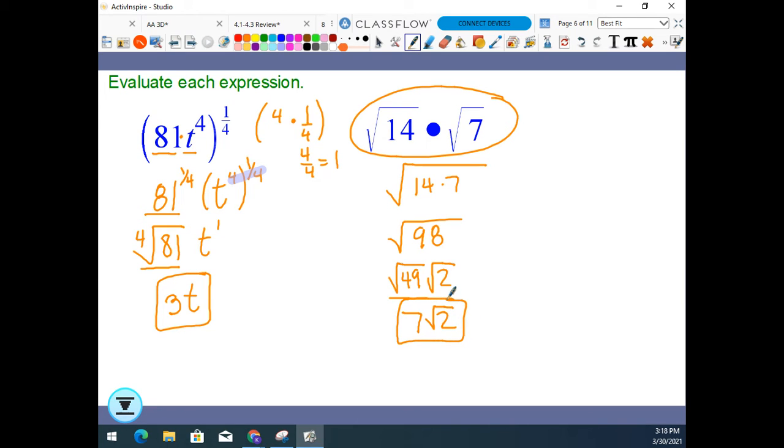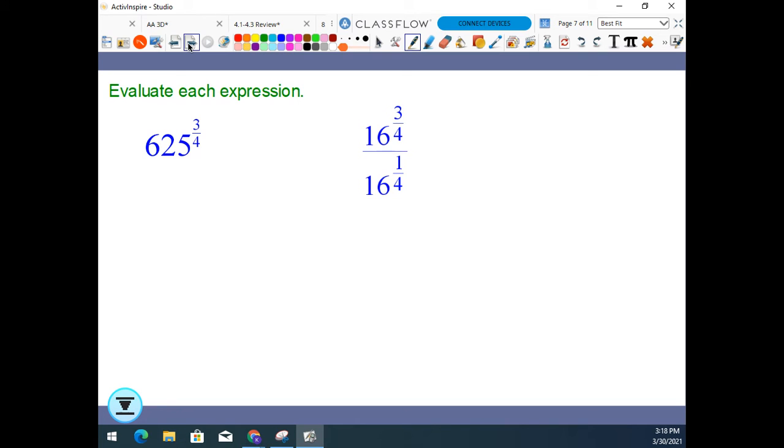Anytime you are asked for an exact answer, you're simplifying the radical down as much as you can go without using your calculator. These are just evaluate. Anytime you're evaluating, you just want your final answer to be a single value. Okay, so we just should have a single number answer.